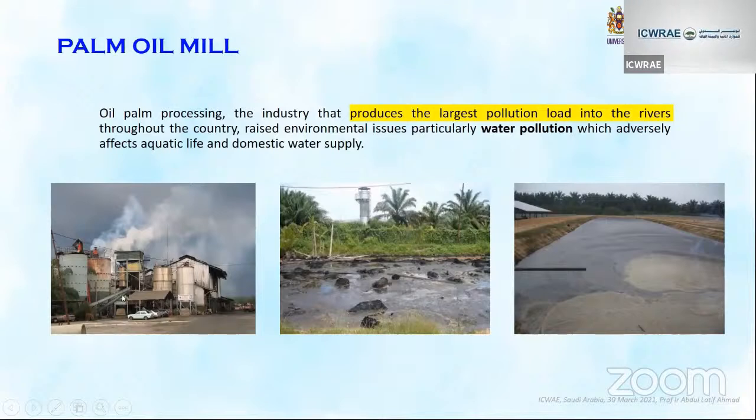This is one of the photos of the factory that is pressing crude palm oil from the fruits. They are discharging very, very dirty effluent to the environment. Even though they have treated it using a biological process, the water is still very, very dirty. I will show you more photos.